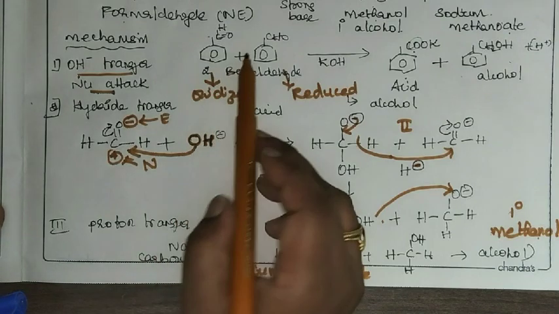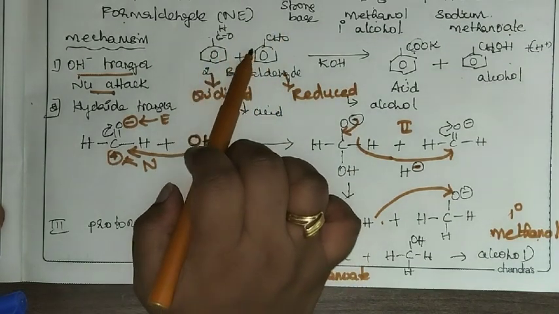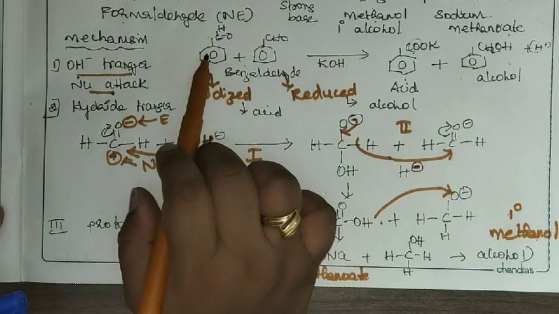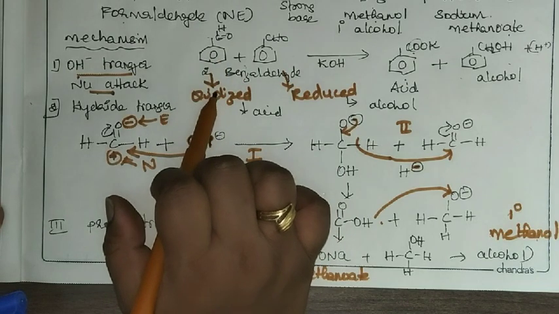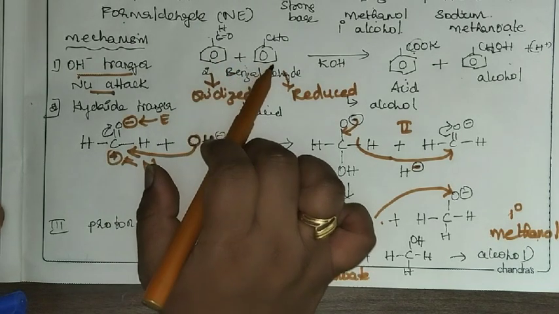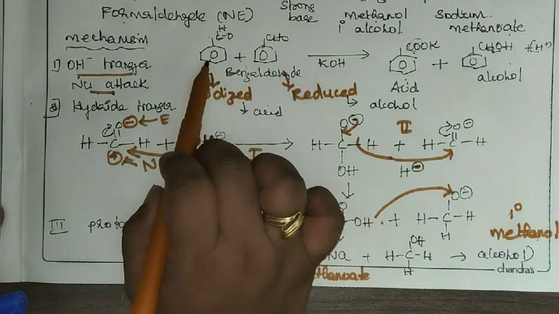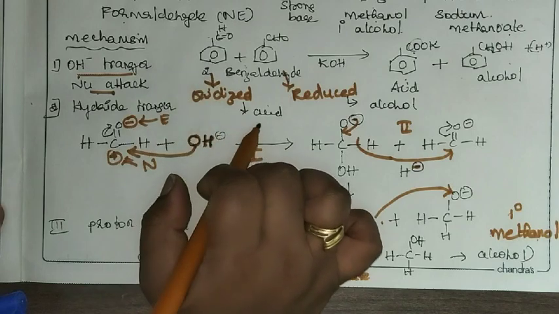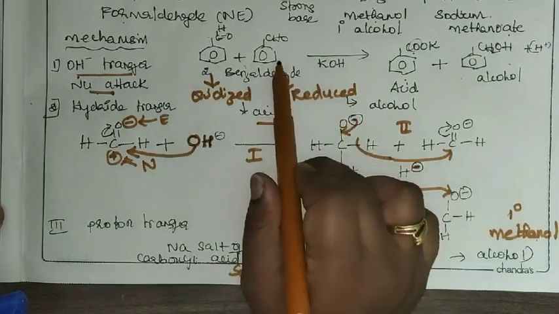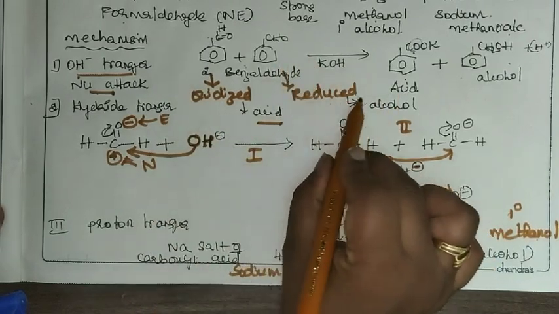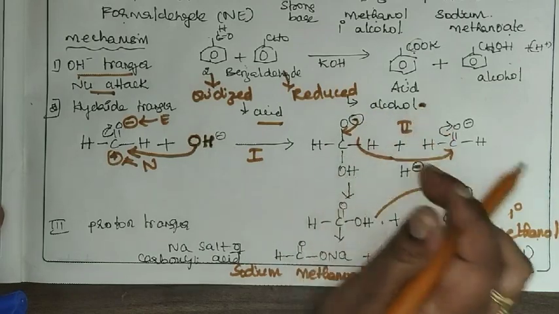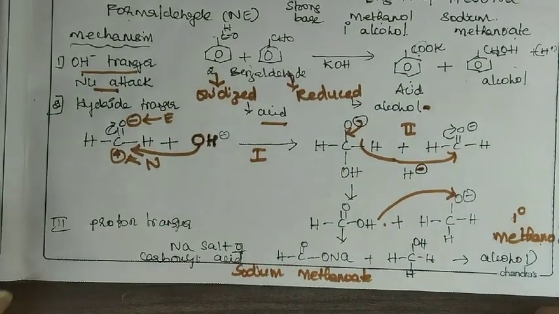Here two non-enolizable aldehydes undergo reaction. One aldehyde will undergo oxidation and another molecule of aldehyde will undergo reduction. One molecule of aldehyde is oxidized to give acid, and the other molecule is reduced to give alcohol.